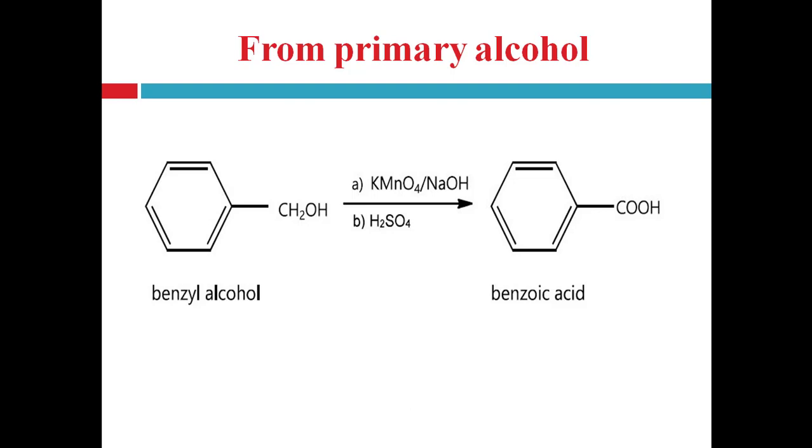Benzyl alcohol undergoes oxidation in the presence of potassium permanganate and NaOH as well as sulfuric acid, so it is converted directly into benzoic acid. Keep in mind that oxidation of alcohol produces the aldehyde and acid, and oxidation of aldehyde again produces the carboxylic acid. The backward reaction is also possible: reduction of benzoic acid or carboxylic acid gives the aldehyde and primary alcohol.